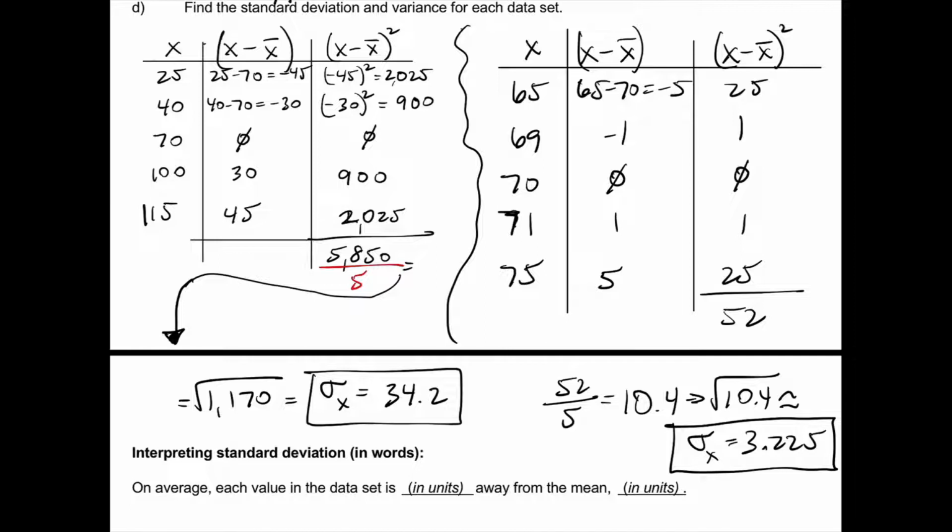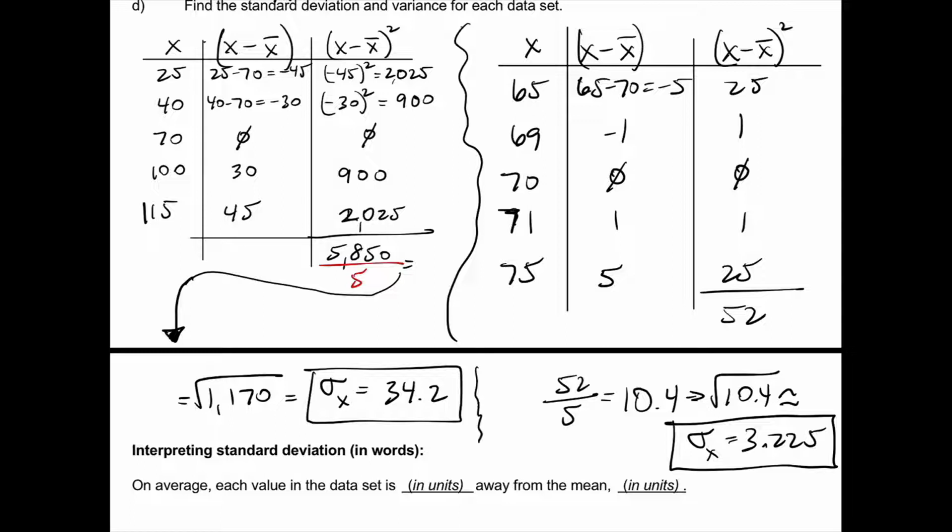Okay, so the second table probably went a lot faster than the first table. Why? The numbers were smaller, right? The only thing I needed the calculator for was the division at the bottom and the square root. I didn't need it to add or subtract.